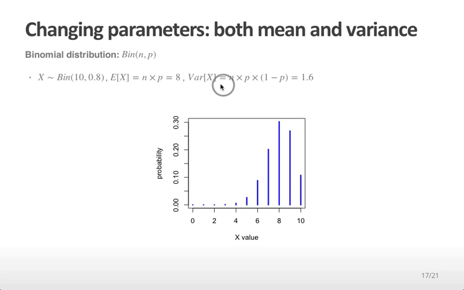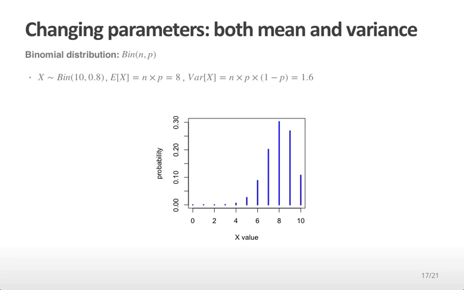But also the variance has changed because by changing the probability, we've also changed the formula for the variance. And so the variance has actually gotten smaller. We can see that in the distribution because more and more of the values are large because the coins are more and more likely to be heads, but they're also being pushed up against the edge here, so they're more and more compact, making the variance smaller as well.